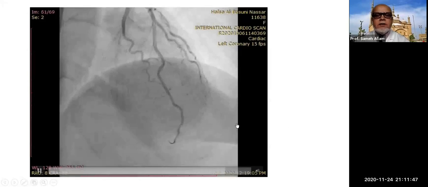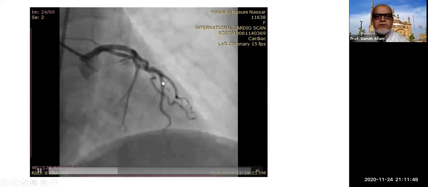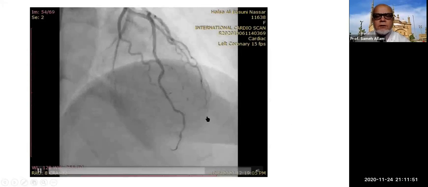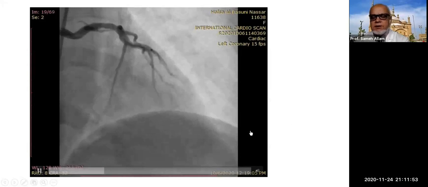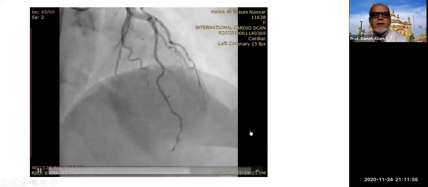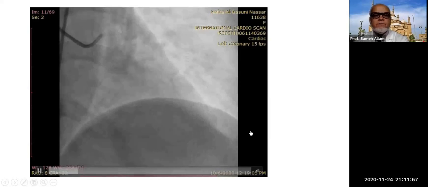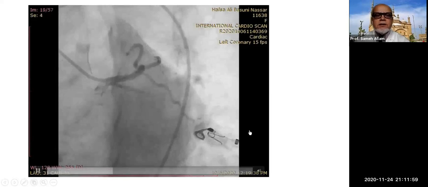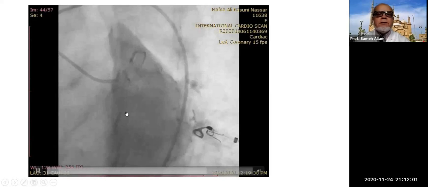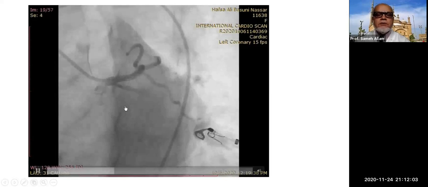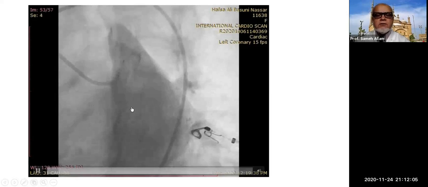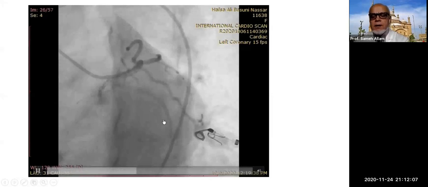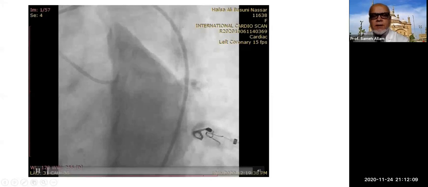You can see now, this is the left system. Look at it well. I couldn't see any tight lesion in the left system. And this is the spider or LAO caudal view. And this is the anatomy. This is the left system.